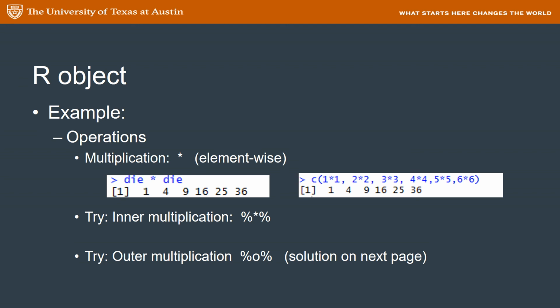This is equal to using the C function to define a vector where each element is 1 square, 2 square, 3 square, 4 square, 5 square, 6 square. That's it. So that's element-wise multiplication.